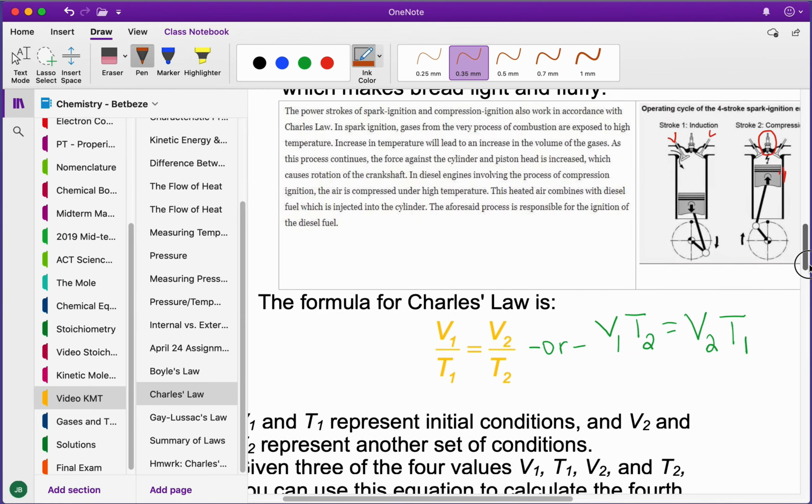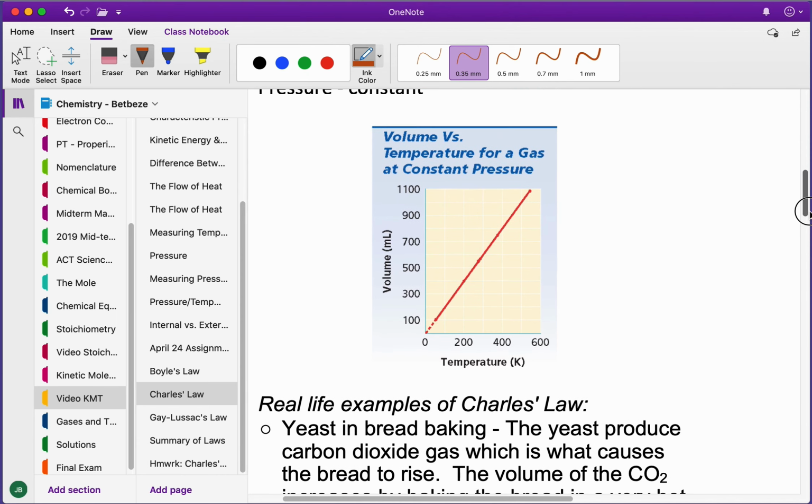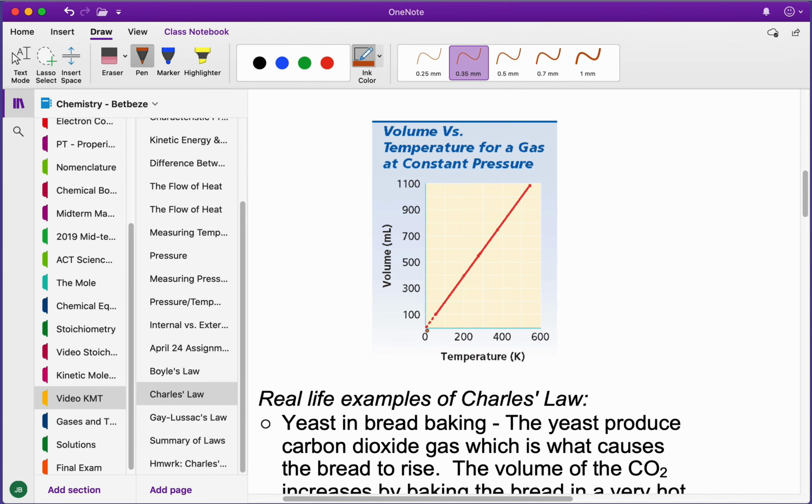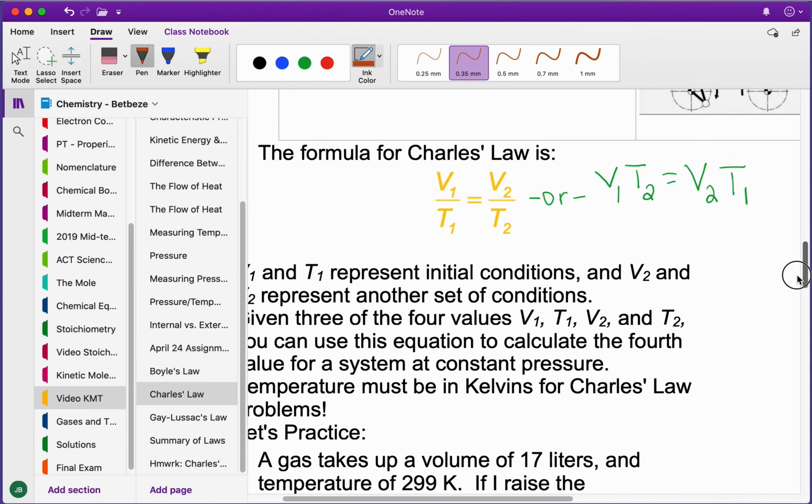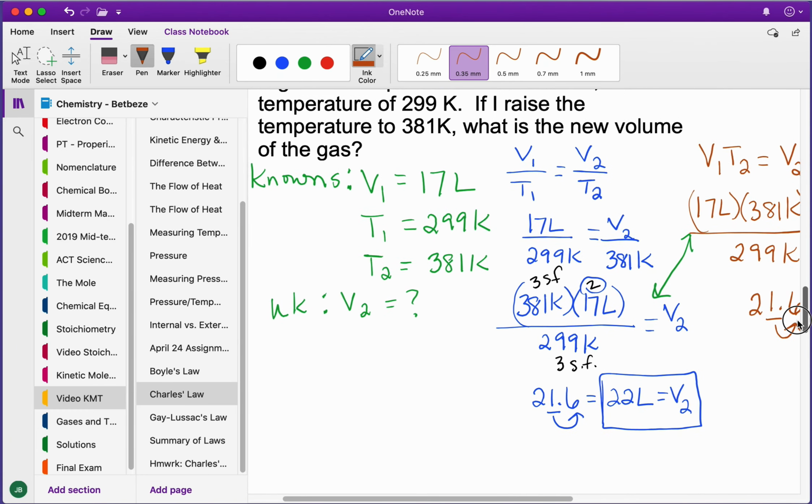The graph of Charles's law will form this nice, pretty straight diagonal line because of this direct relationship. We see temperature is on the x-axis and volume is on the y-axis. Don't forget that temperature has to be in kelvins. It cannot be in degrees Celsius when we are solving for Charles's law.